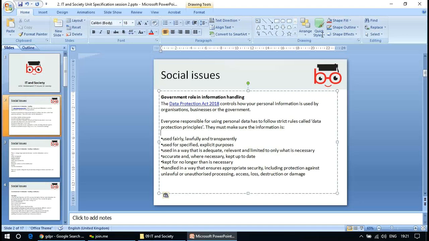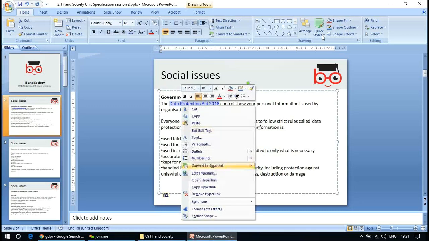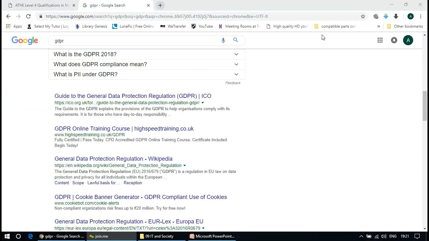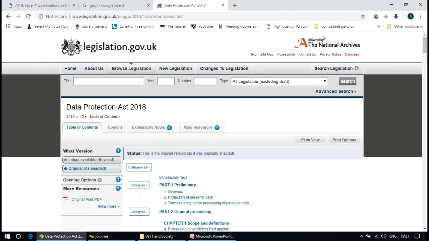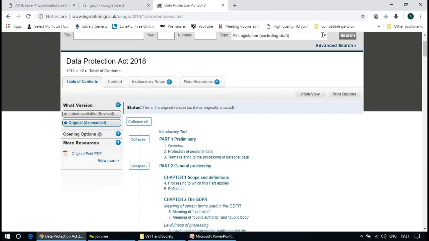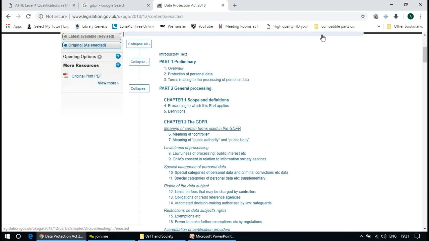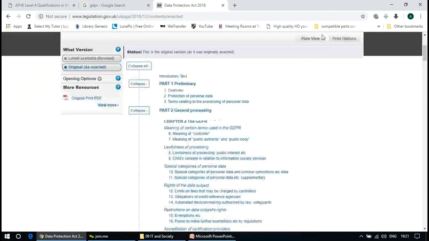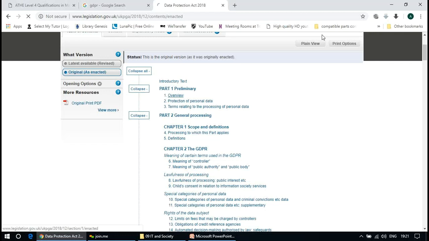However, the Data Protection Act on the government website is also called the Data Protection Act 2018. So maybe there are different or the same meanings of certain terms used in the GDPR. I think it's probably the same. Okay, so let us see a quick overview of this.